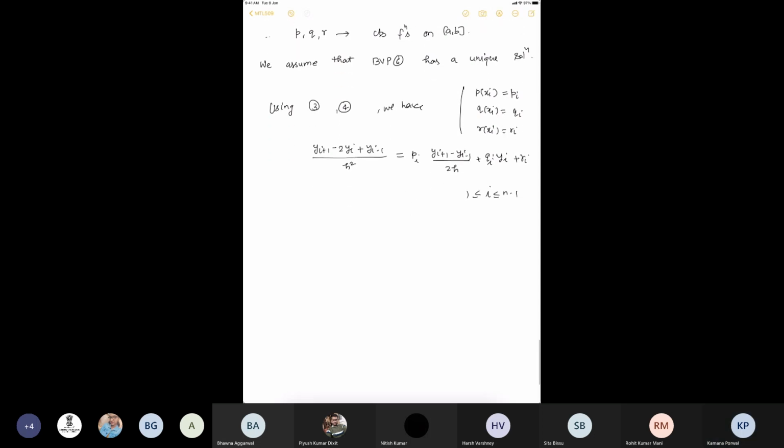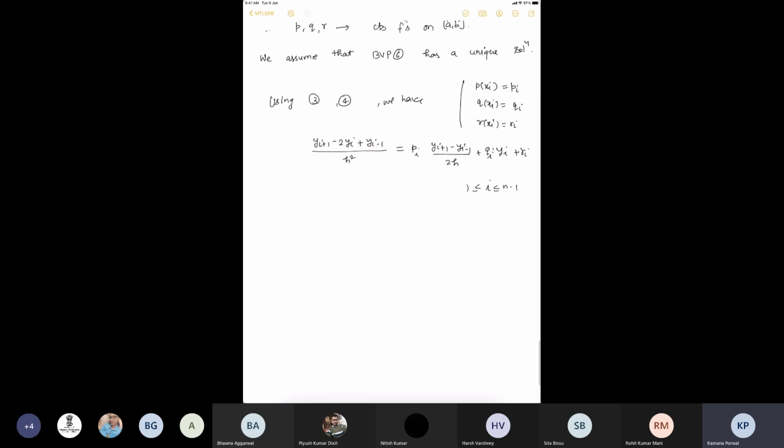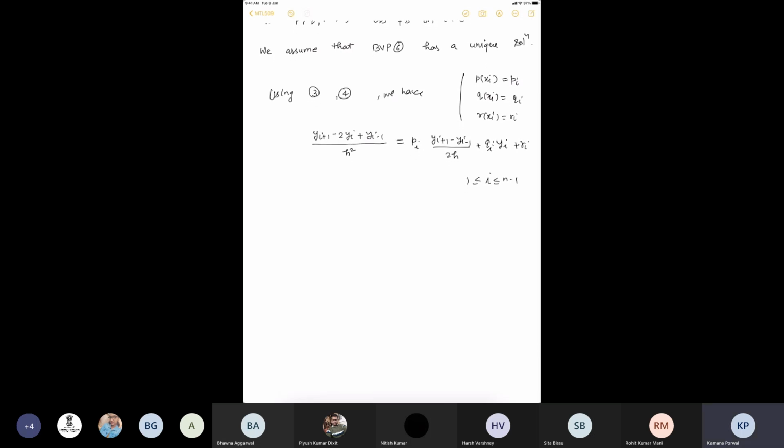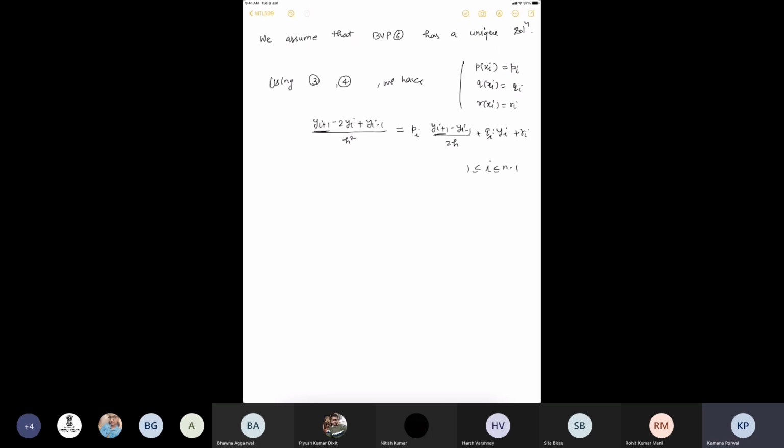All right. So here, if you have to really see what the system is we have to solve, I just have to collect all the coefficients of each of the variables. Here I have y(i+1) sitting here and y(i+1) sitting in the right hand side as well. So I can simplify this. Let's take the terms with y(i+1), y(i-1) and yi to the left hand side.